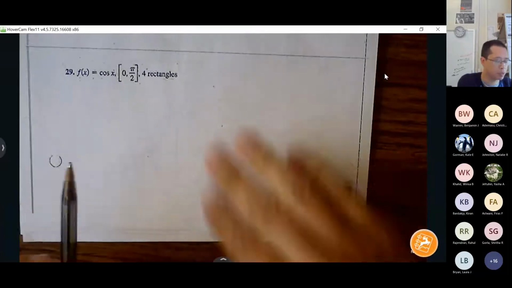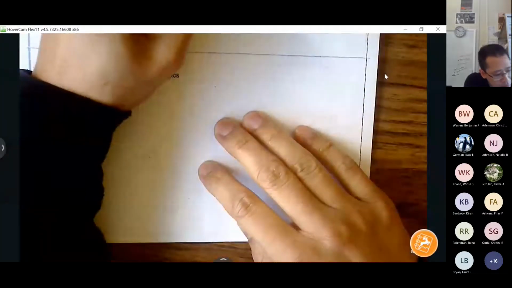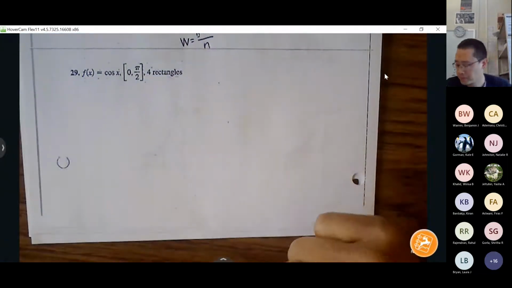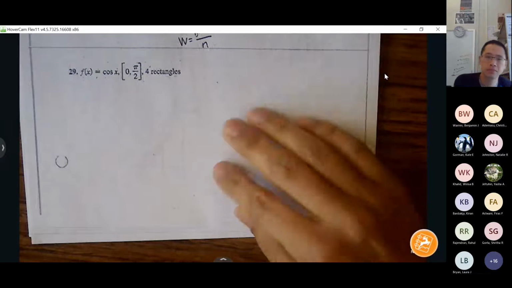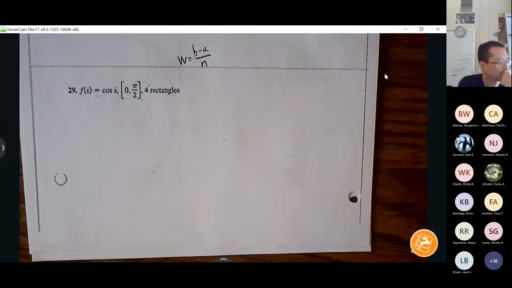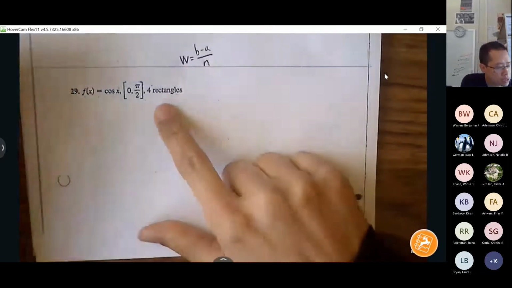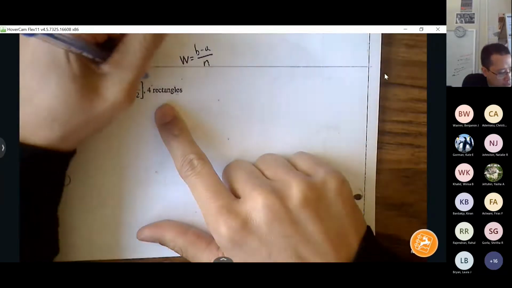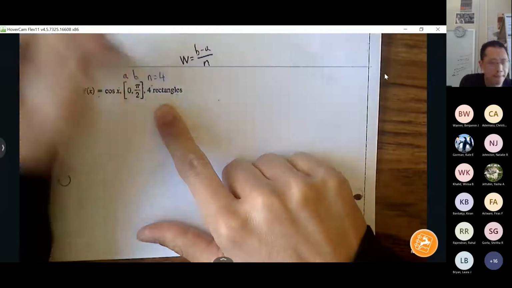The width is b minus a over n. Our a value is 0, our b value is pi over 2, and our n value is 4.